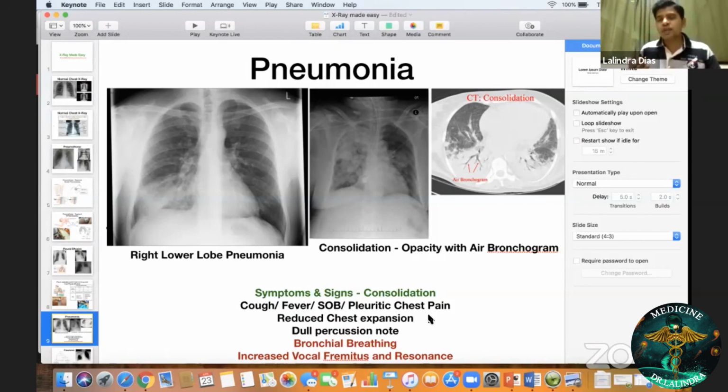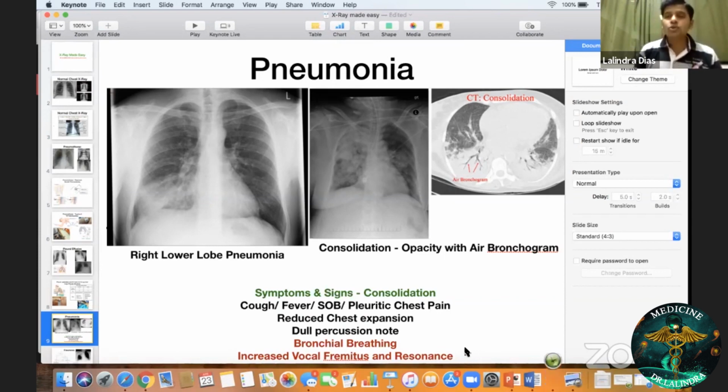Reduced chest wall expansion, dull percussion note, increased vocal fremitus and increased vocal resonance, and also bronchial breathing. Guys, these are all single best answer questions, you must remember. All these clinical features I have mentioned, the symptoms and signs of consolidation, are beautifully explained in this slide, which you need to remember.